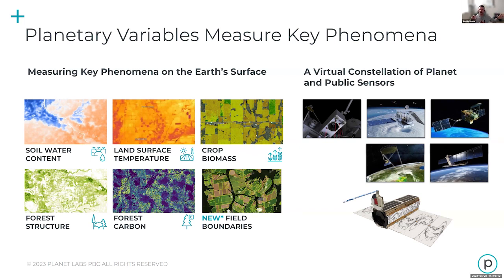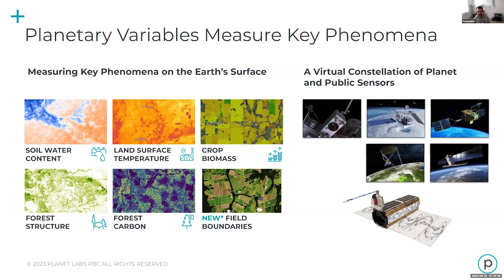They're using a variety of different remote sensing data sets that are publicly available, and other localized data sets, to help produce these products that are telling you more information about a particular place at a particular time. So what we're working on now are things like soil water content, land surface temperature, crop biomass, forest carbon, as well as forest structure characteristics.